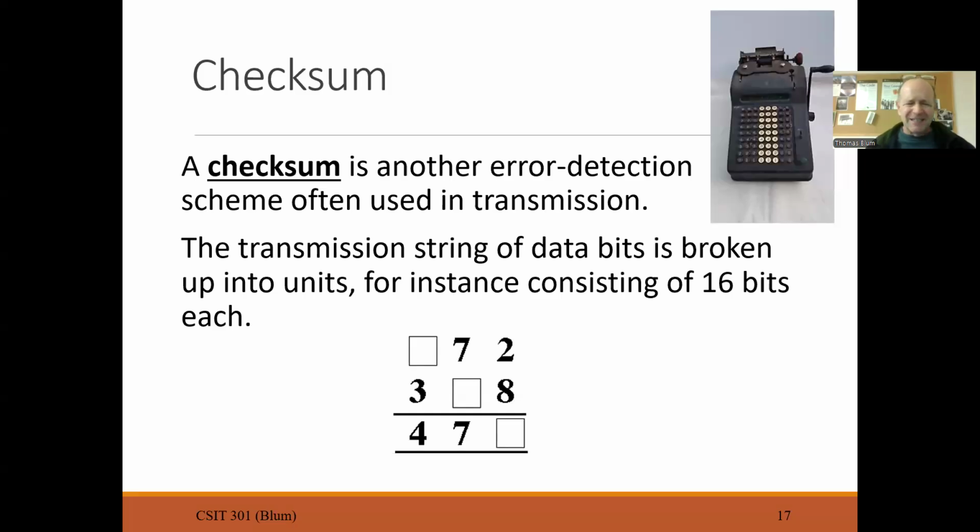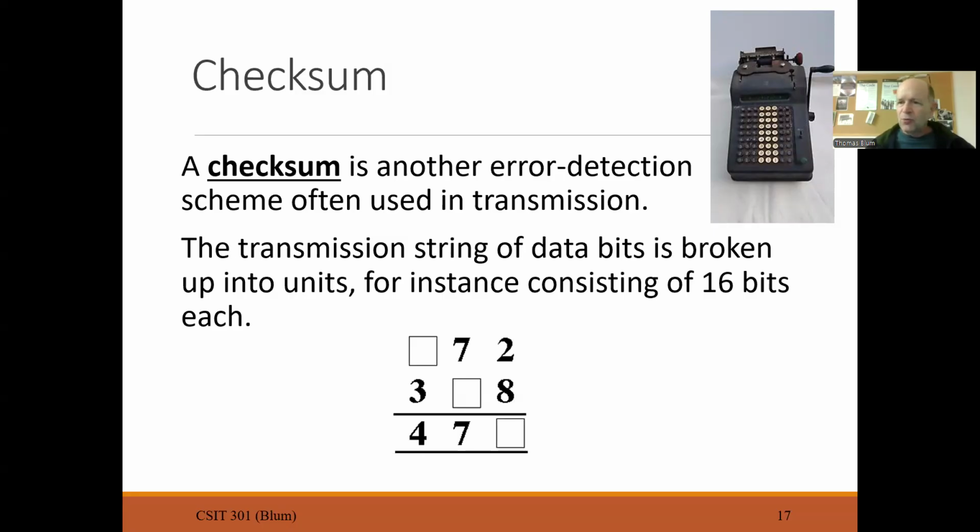We previously discussed parity, which is an error detection scheme for small units of data like a byte. Now we want to look at sending more data and introduce the error detection scheme called checksum. We're going to be transmitting more data in this case.